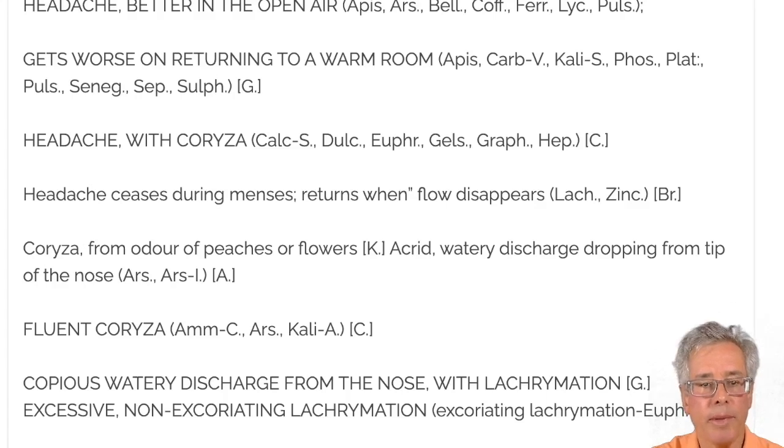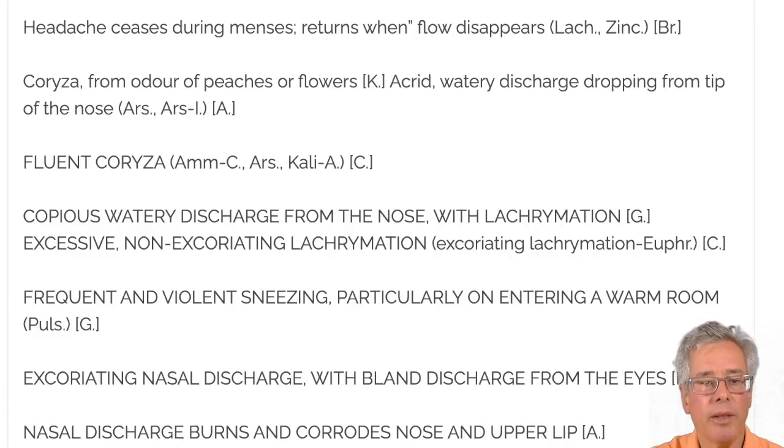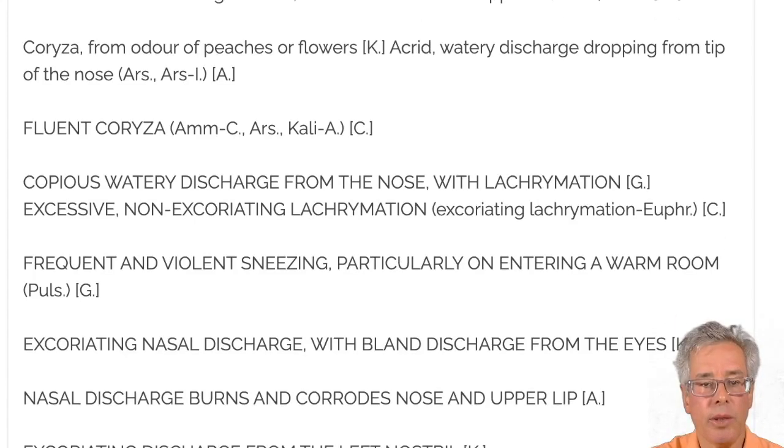So you can see that better cold and worse warmth for the remedy Allium cepa being quite important, and gives you some remedies to compare. Headache ceases during the menses, returns when flow disappears, and then other remedies that have that symptom as well. So it's really interesting. Other remedies for fluent coryza and so on. Copious watery discharge.